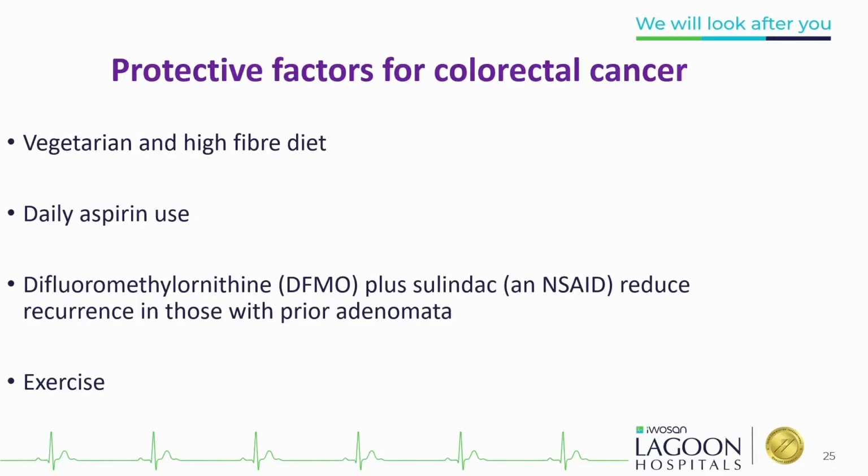Exercise. Talking about aspirin, actually in Europe now, 75 milligrams of aspirin daily over the age of 50 to reduce risk. It's not been proven, so don't go and buy one over the counter. But that talks about aspirin being very useful to reduce risk. Exercise, you cannot overdo it. It's very important. Next slide, please.